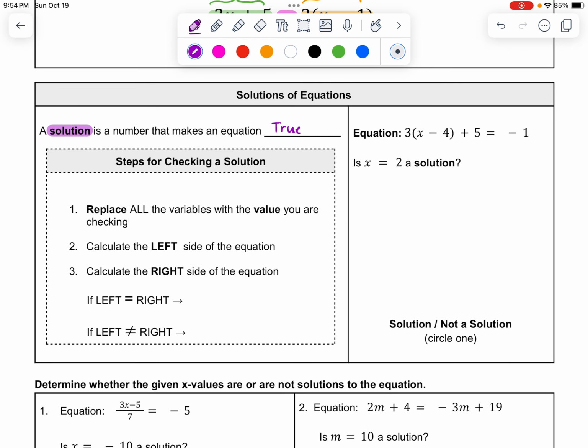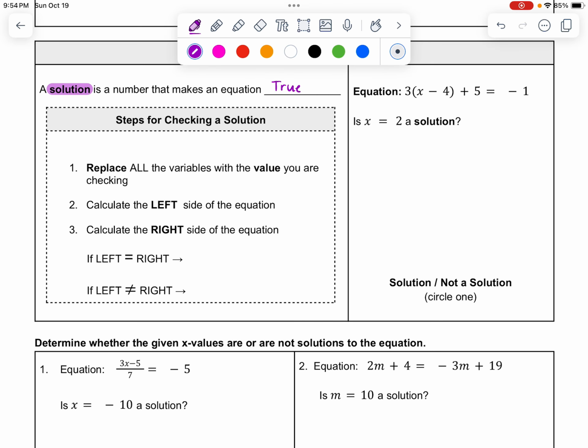So here's how we can test to see whether or not a number is a solution. First, we're going to replace all of the variables with the value that we are checking. So for example, in this problem, it says, here is my equation. Is x equals 2 a solution?